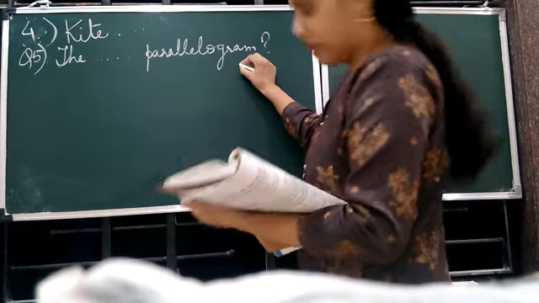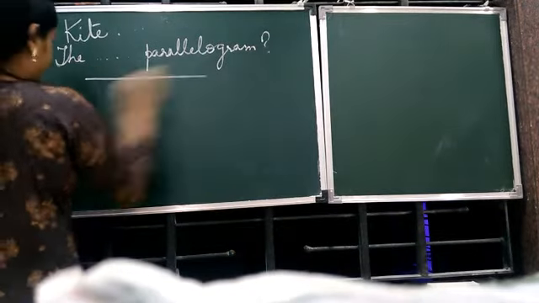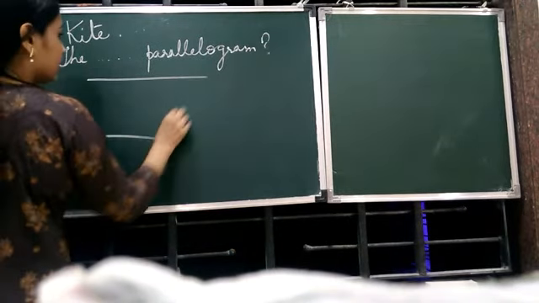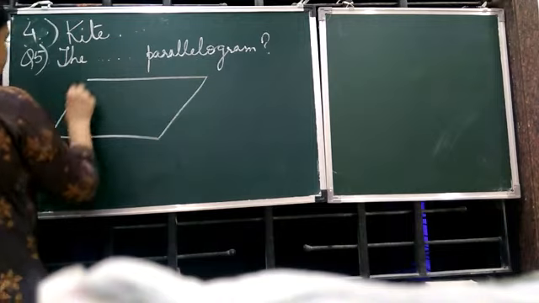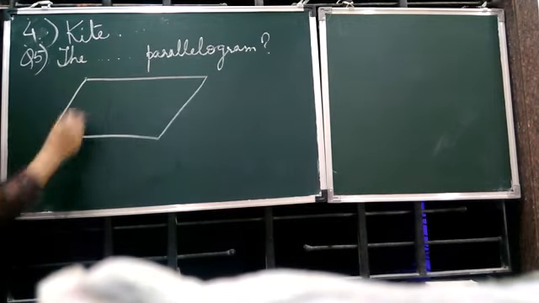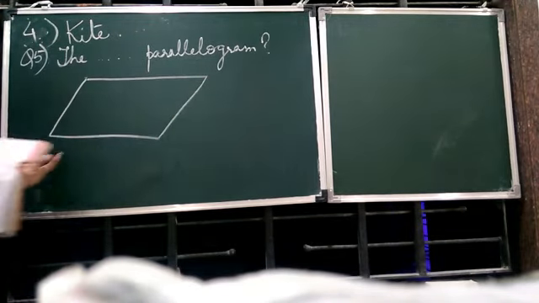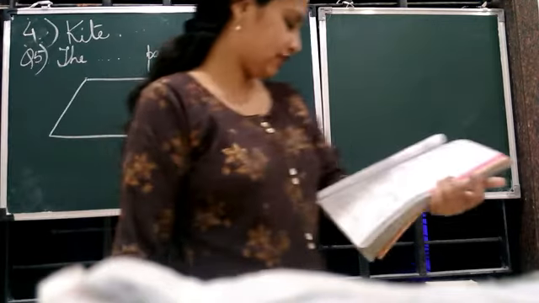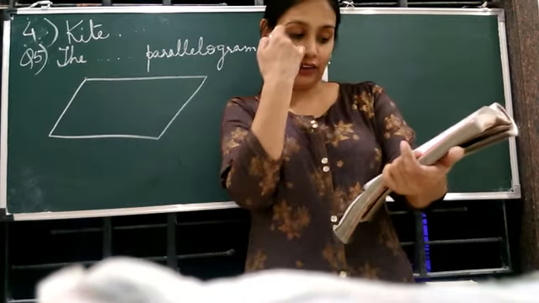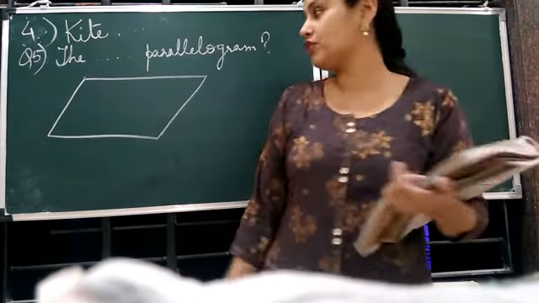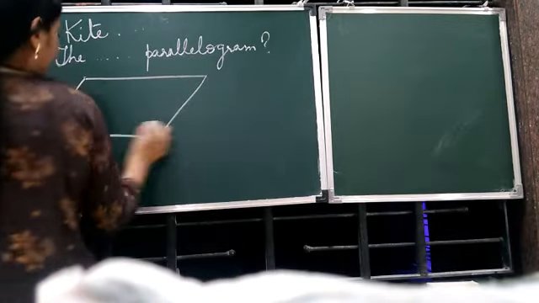Let's make a parallelogram, it is not given here. The two adjacent angles, meaning side by side, right? So the two adjacent angles of a parallelogram have equal measure, meaning they both are equal.